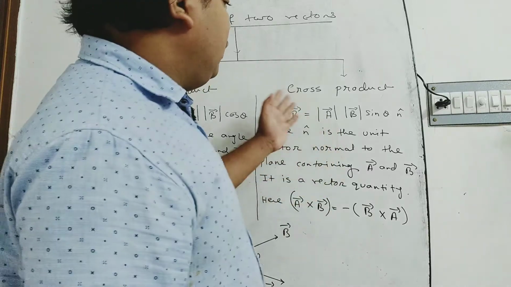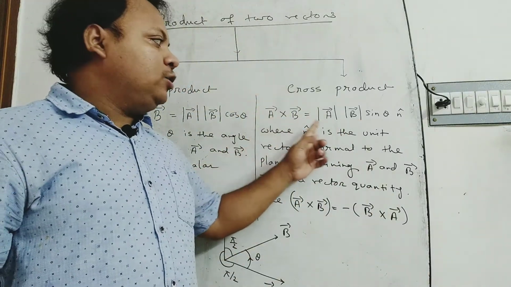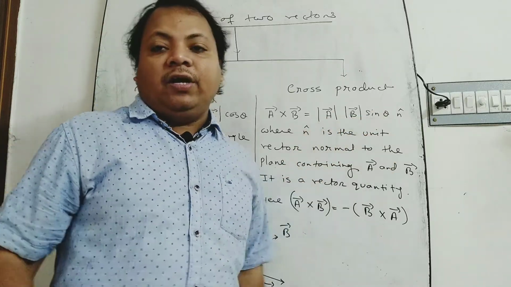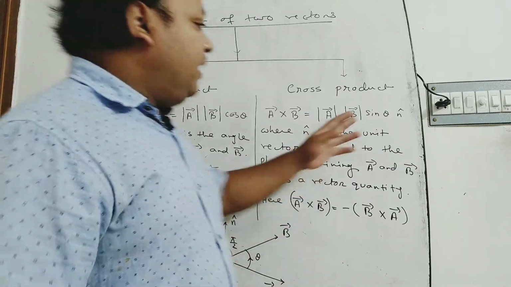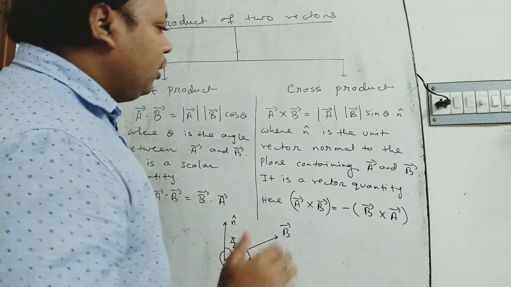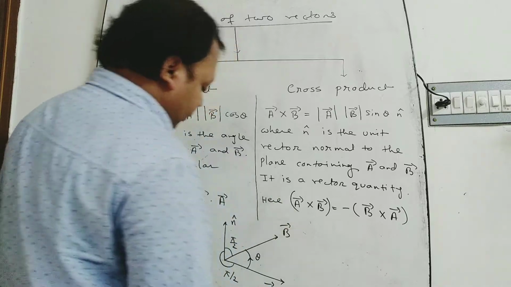On the other hand, the cross product can be written as a vector cross b vector is equal to mod of a vector mod of b vector sin theta n cap. Here theta is the angle between a vector and b vector, and n cap is the unit vector normal to the plane containing a vector and b vector.